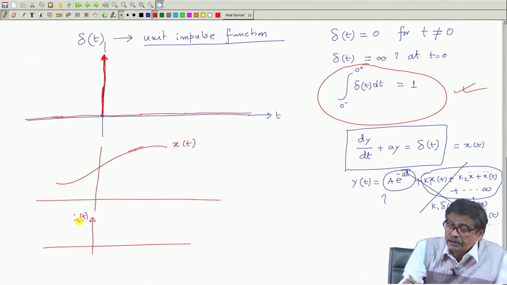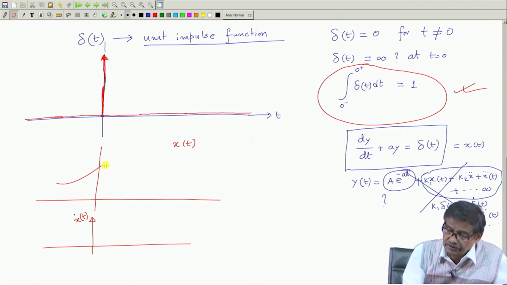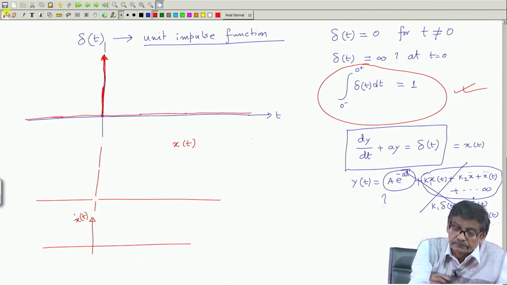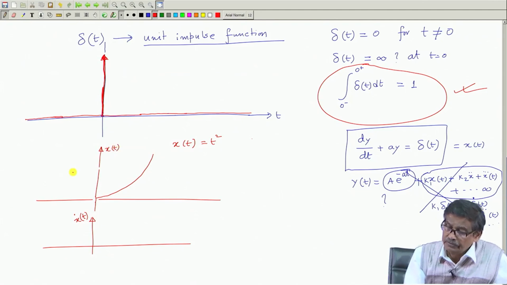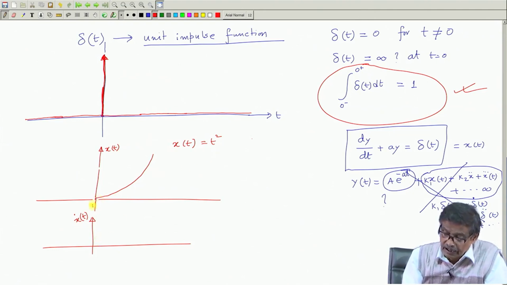For example, suppose the function x t is equal to t square, then this is x t. We know from our school level knowledge that to sketch x dot t, you have to differentiate this. It will become 2 t, and it will be like this.